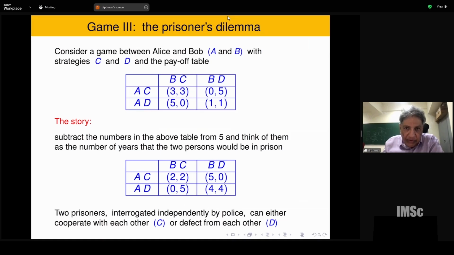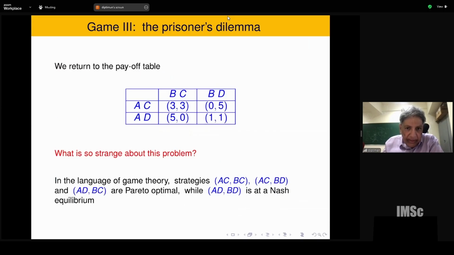I'm sort of glossing over this because I'm sure this has been explained to you in a different set of talks. So let's return to the payoff table.